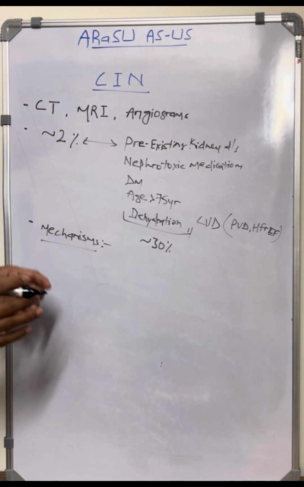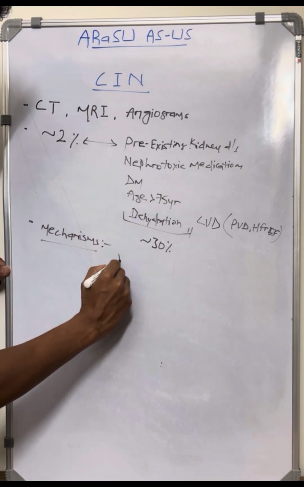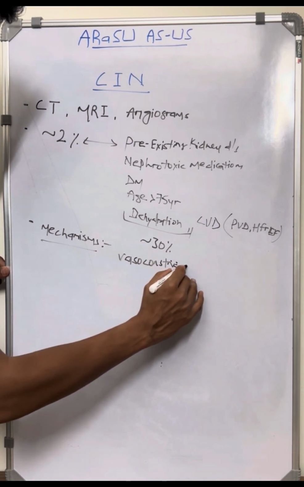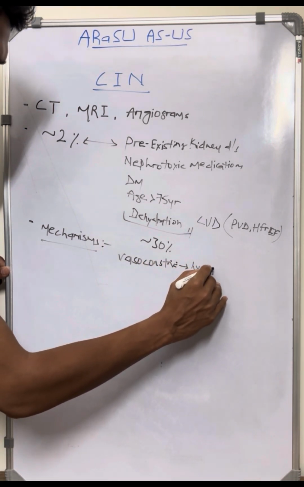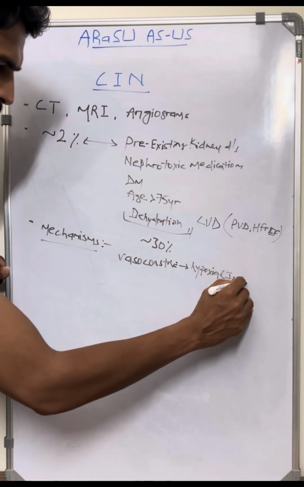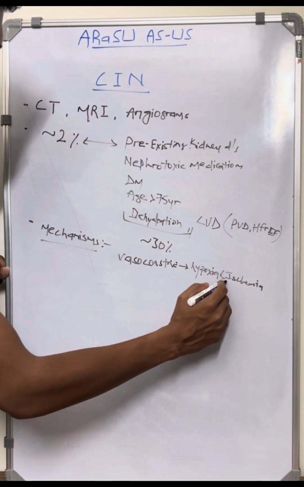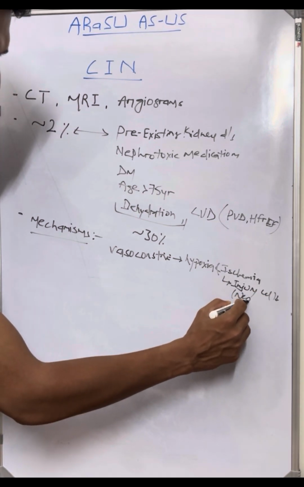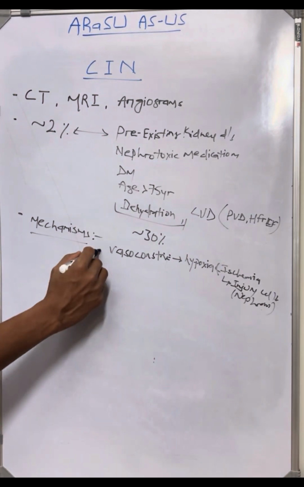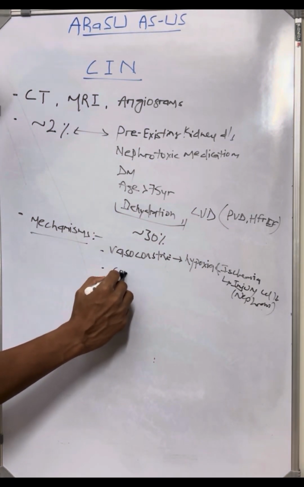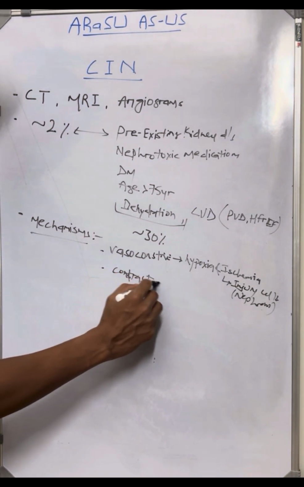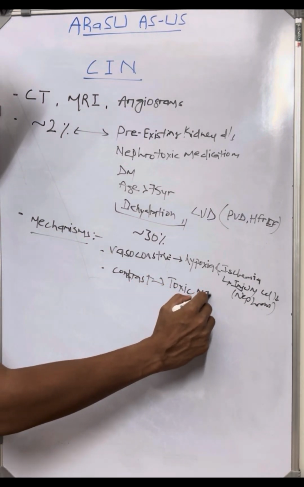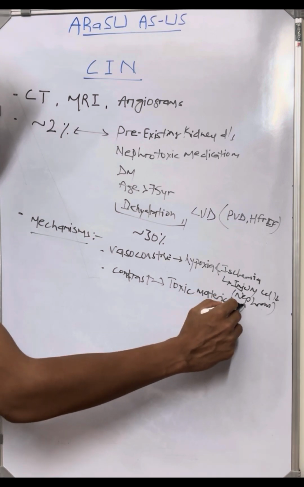For example, when we inject contrast, it will lead to vasoconstriction, which often leads to hypoxia and ischemia, leading to injury to the cells in the nephrons. Then the contrast sometimes might act as a toxic material to the cells, direct toxicity to the cells again.